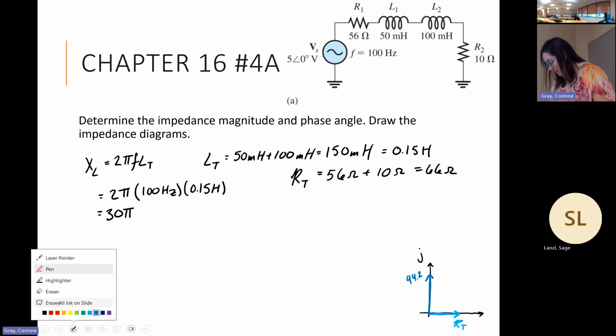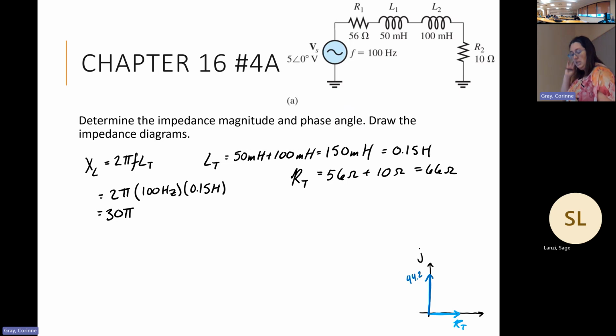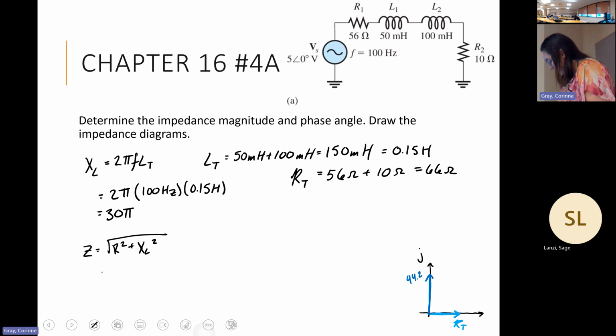So let's just do the math for it. For impedance in series, it's the same for both capacitors and inductors with resistors. It's going to be the square root of R squared plus XL squared. We can plug those numbers in.